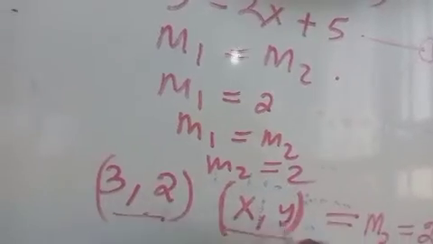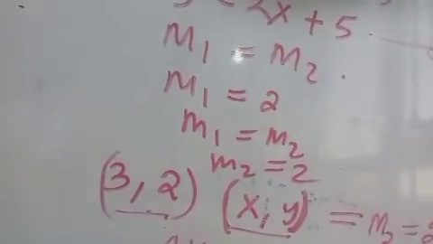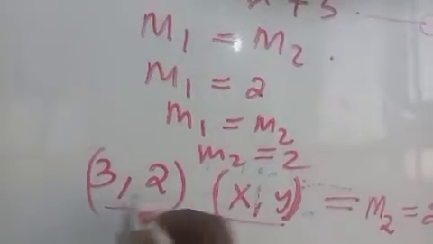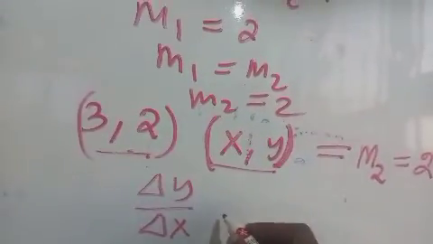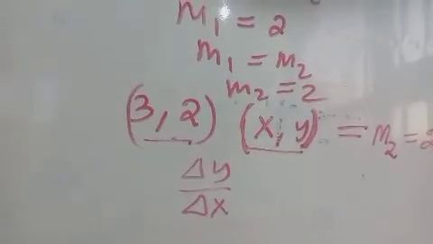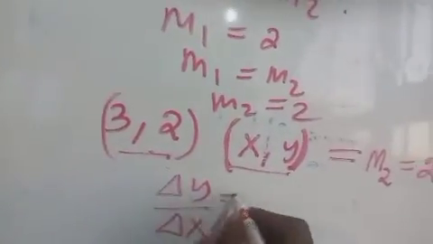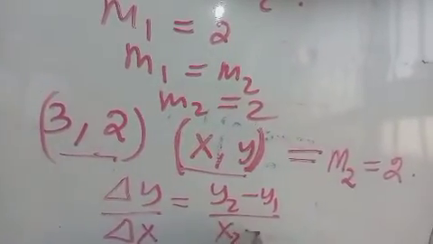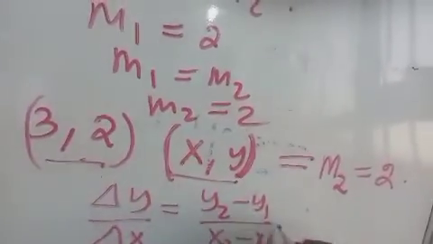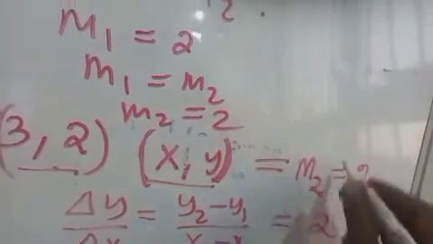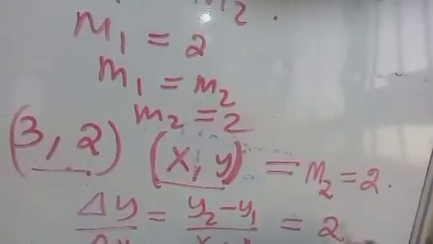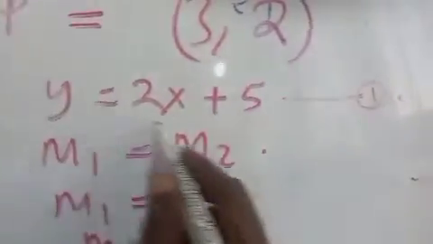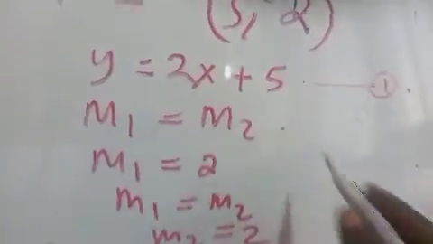Here I will take the change in y over the change in x to get the slope of these two points. The slope is (y2 - y1)/(x2 - x1), and it will always be equal to slope 2, which is 2. We identified it from the given equation, y = 2x + 5.